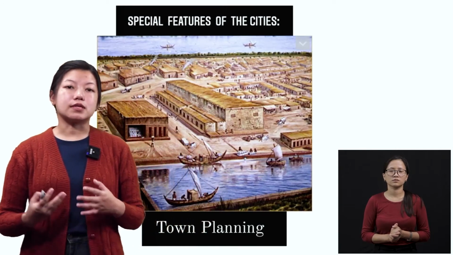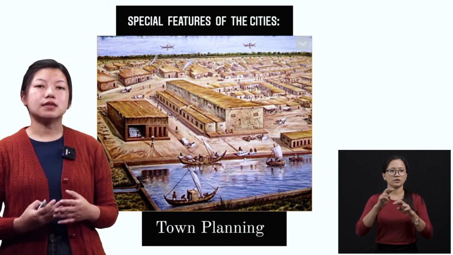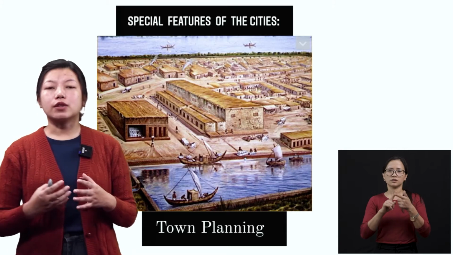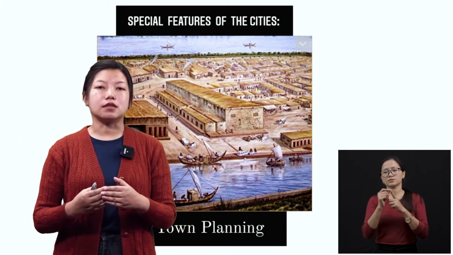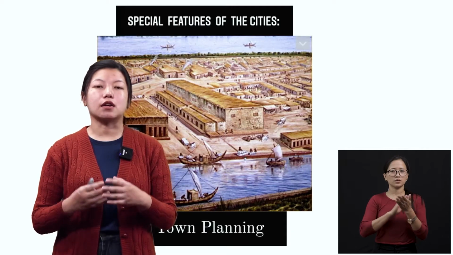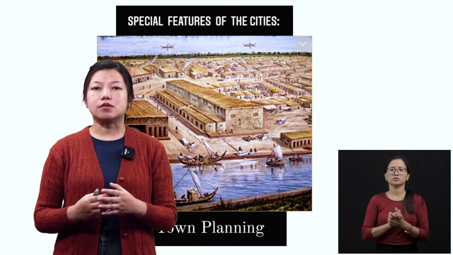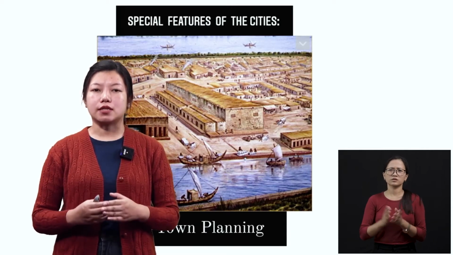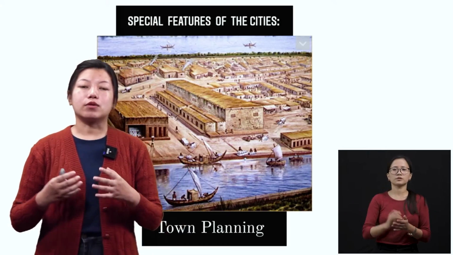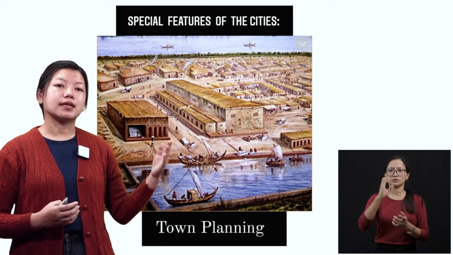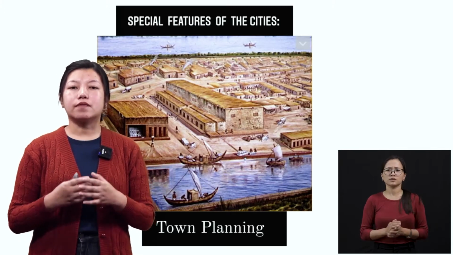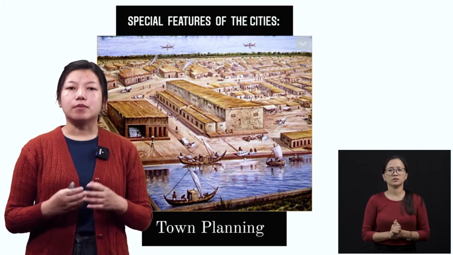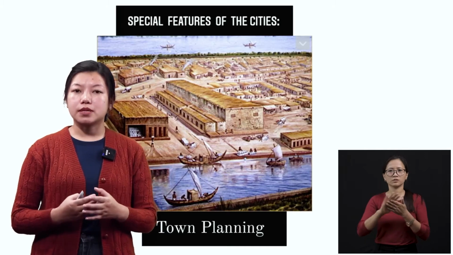Okay, now the special features of the cities. Talking about Harappa and Mohenjo-daro, these are the two famous cities of the Indus Valley civilization. Let me also remind you that right now we are going to specially talk about the Indus Valley civilization, because this chapter is about the Harappan civilization.